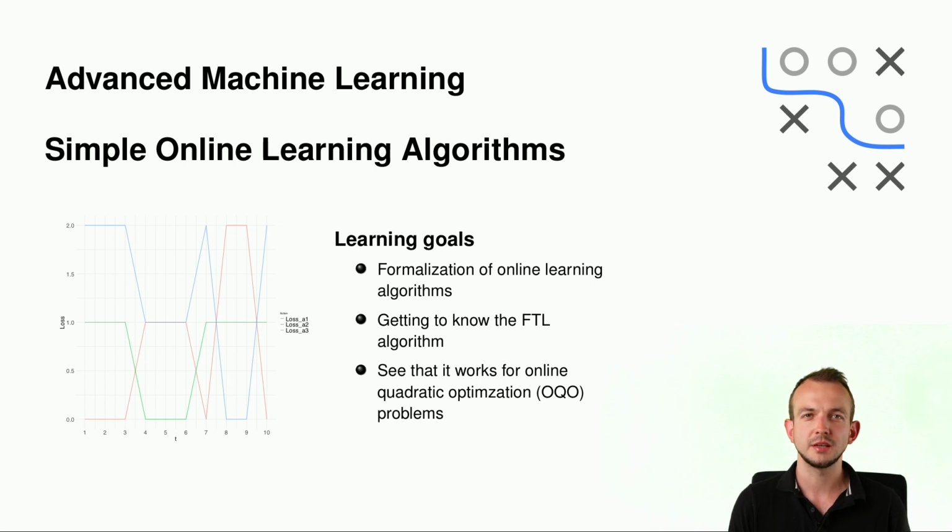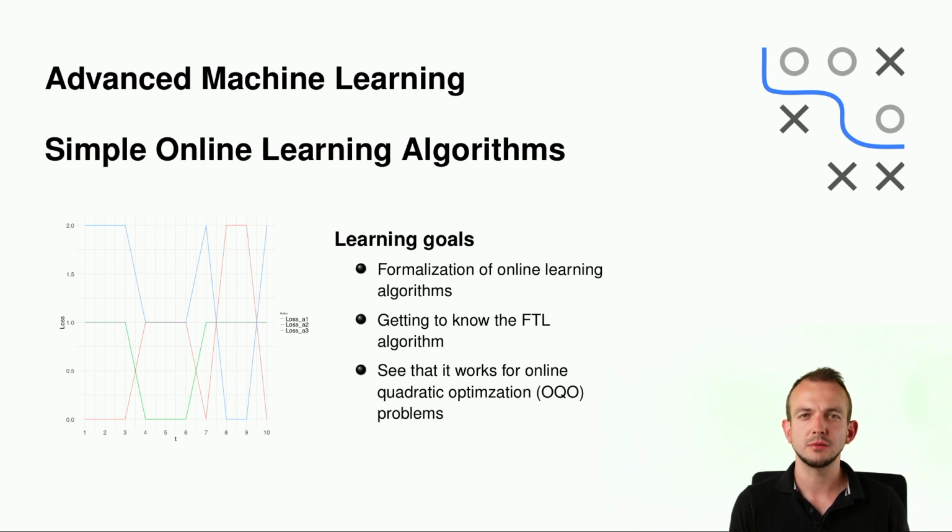I'm Victor Banks, and now we will talk about simple online learning algorithms as a follow-up to the previous lecture, where we have formalized the online learning problem and specified what the measure of quality is. But so far we haven't specified any online learning algorithm for an online learning problem, and this is what we will do now.